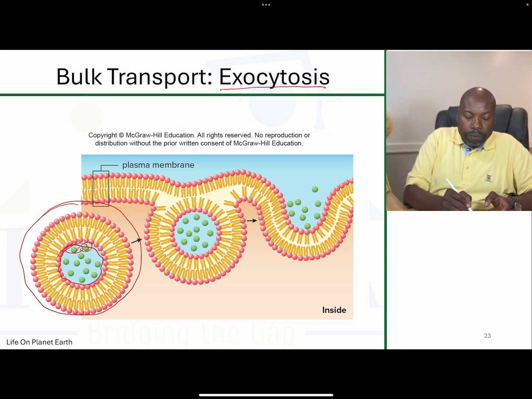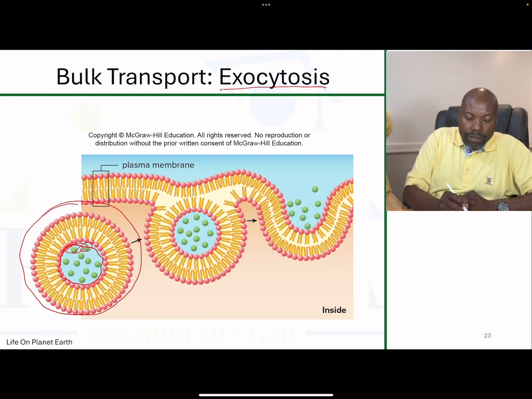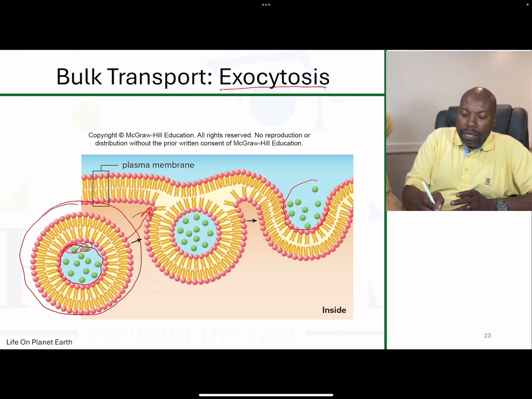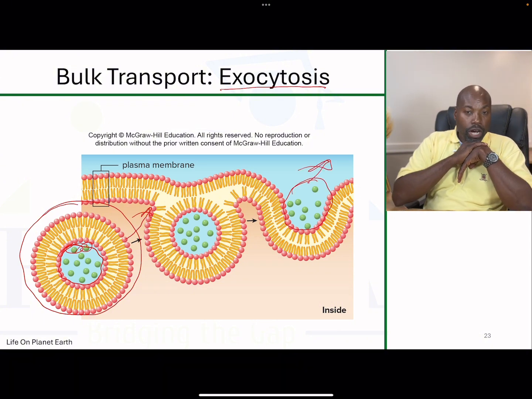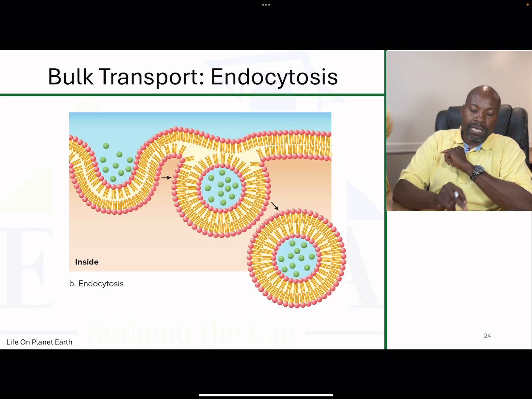This cargo is going to be sent out by way of the phospholipid bilayer of the vesicle coming and merging with the phospholipid bilayer of the plasma membrane, right? Eventually, the cargo is going to be released outside of the cell, okay? That process requires expense of energy in the form of ATP.